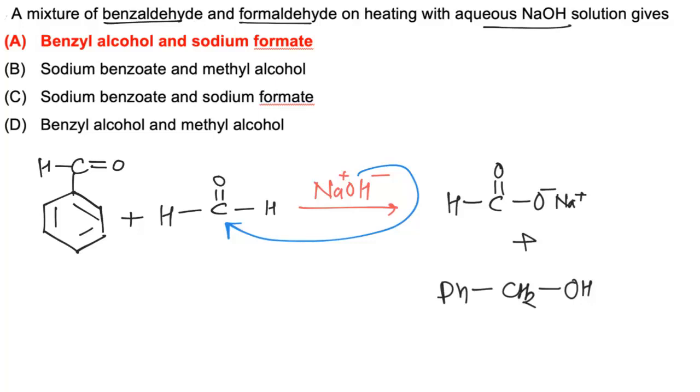Out of these two reactants, the more reactive one will be converted to acid, and the less reactive one will be converted to alcohol. Benzaldehyde has less reactivity because the positive charge of the carbonyl group is resonance stabilized and it is comparatively more crowded than formaldehyde. So the correct answer is A, benzyl alcohol and sodium formate are formed as products.